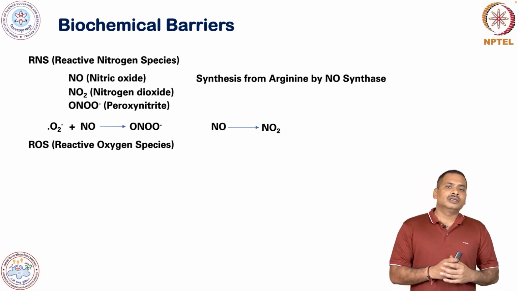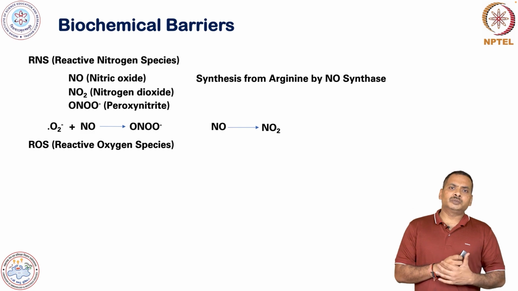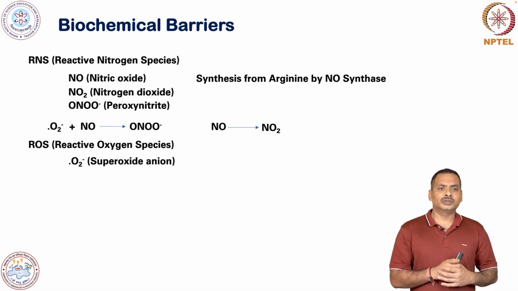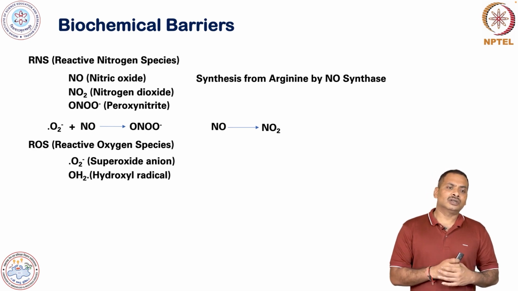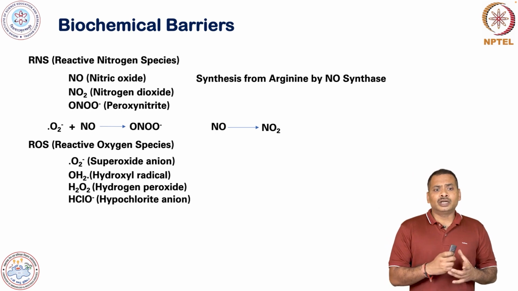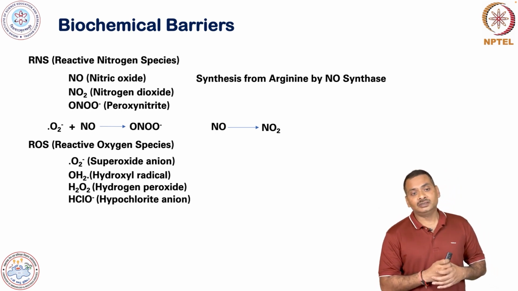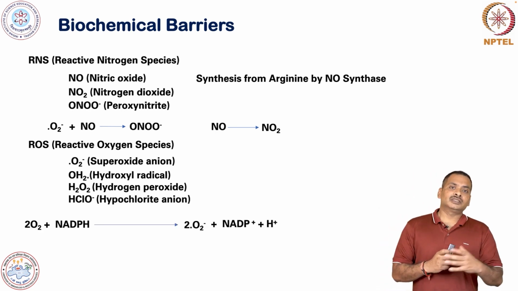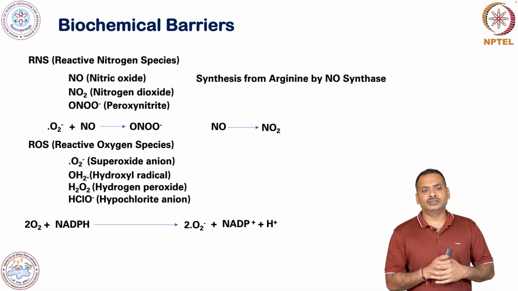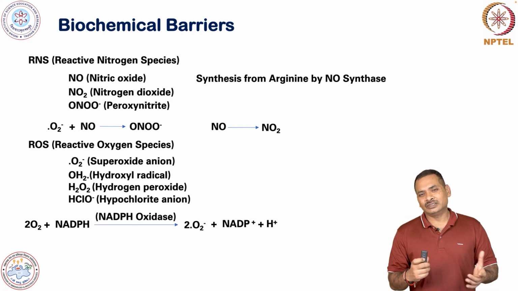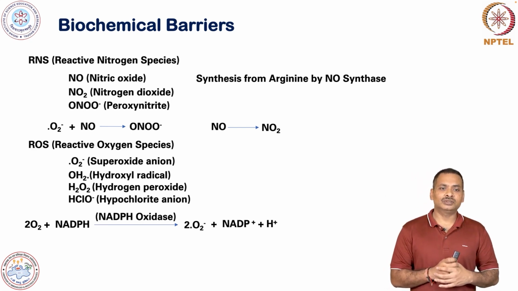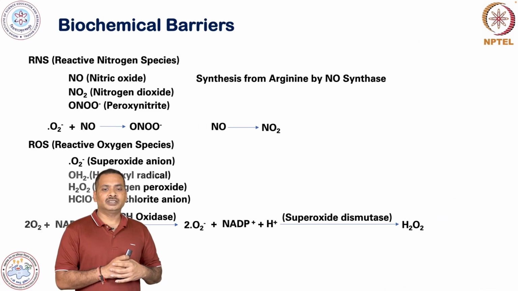The reactive oxygen species are also present in these phagocytic cells: the superoxide anion, hydroxyl radical, hydrogen peroxide, and hypochlorite anion. The superoxide anion is produced by the action of NADPH oxidase. I have discussed this at great length in a previous session, so I will not explain more.